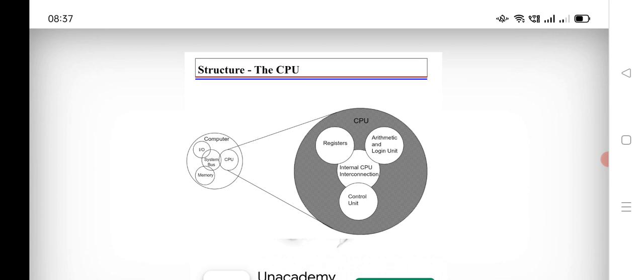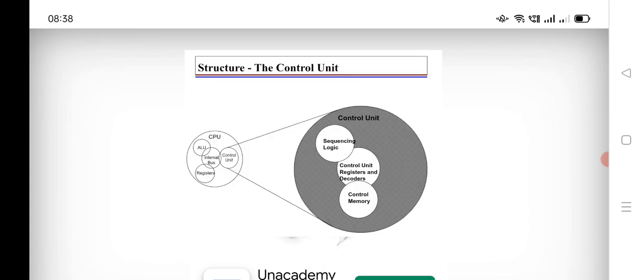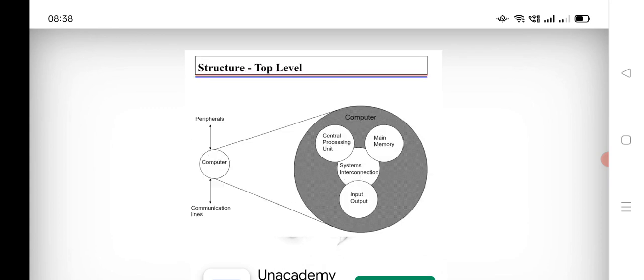Next, in the CPU, let us take the control unit. What is the internal structure of the control unit? We are going to have sequencing logic, control unit registers and decoders, and we are going to have the control memory. So this is nothing but the internal structure of your control unit. These are the structures of your computer.